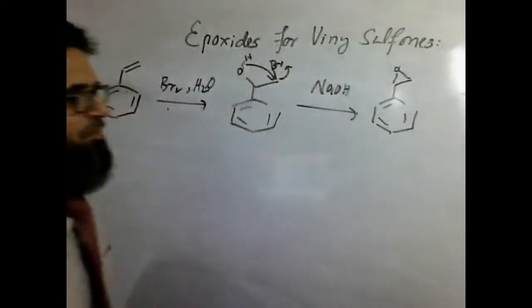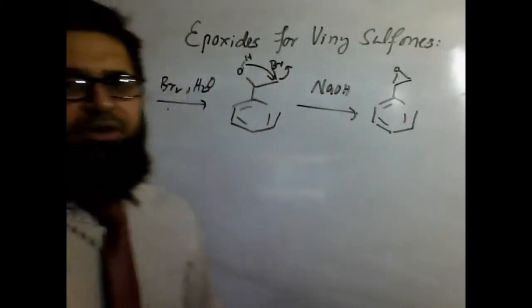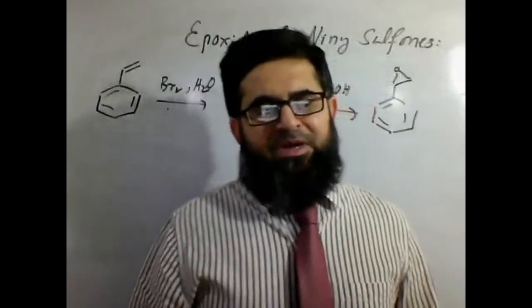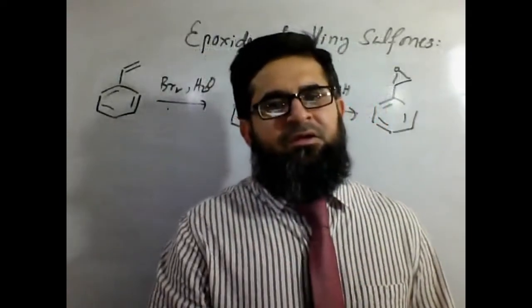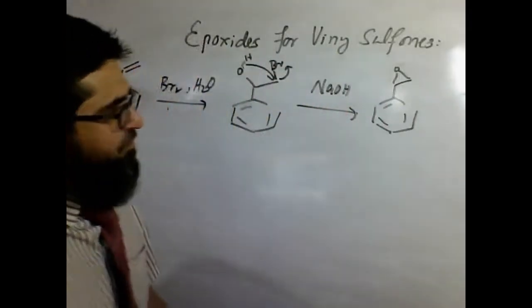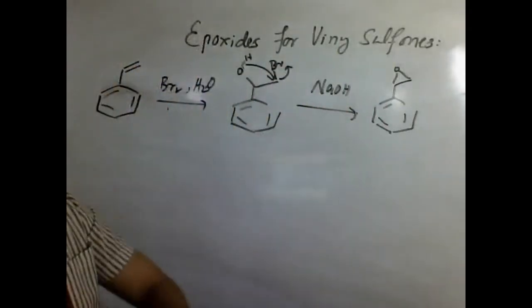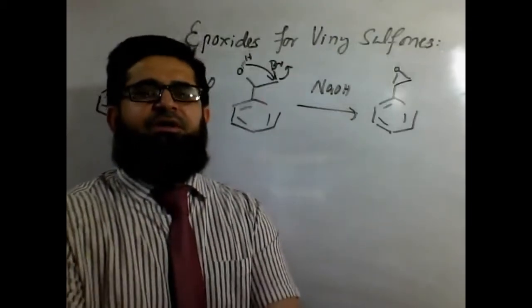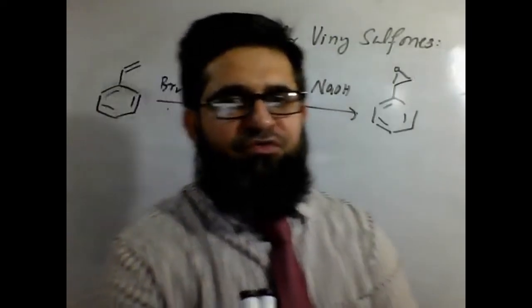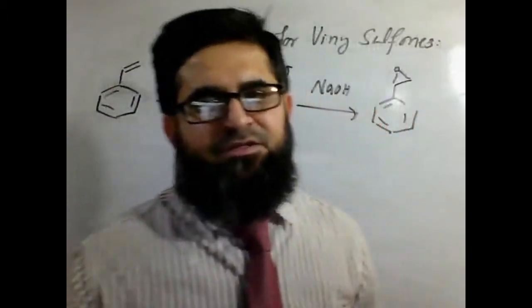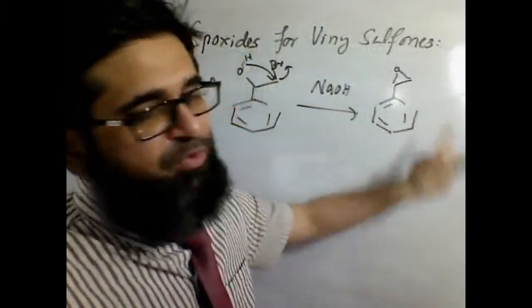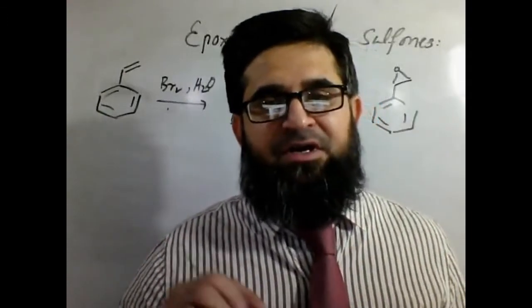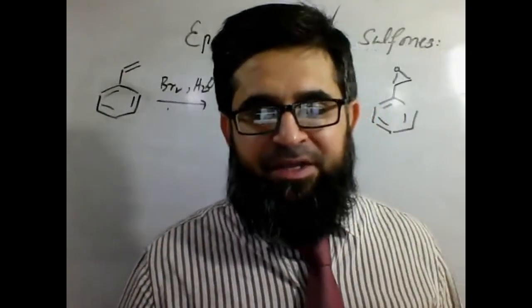This epoxide can further be reacted with lithium bromide and then some organic sulfones, resulting in the opening of the ring and then subsequent extraction of one of the protons gives us the corresponding vinyl sulfones, which are directly connected with the dye.